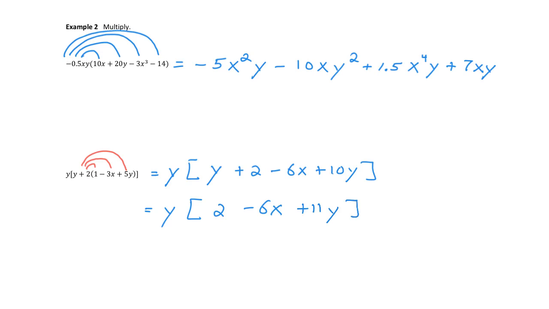I no longer have any like terms to combine, so I can now distribute this y into the parentheses. It's a positive y, meaning I'm not changing the sign. I get 2y, I get minus 6xy, and plus 11y squared. And that is the answer to this last part.